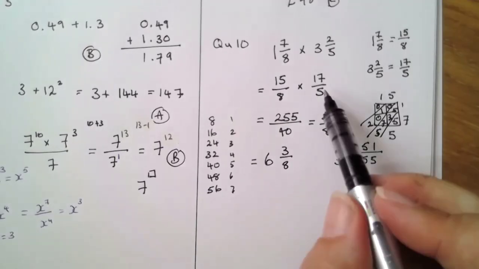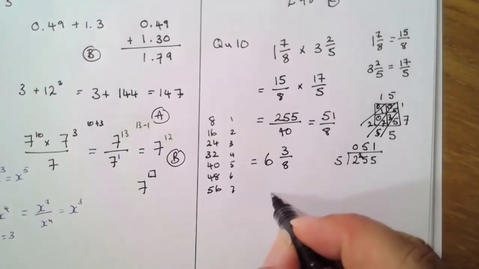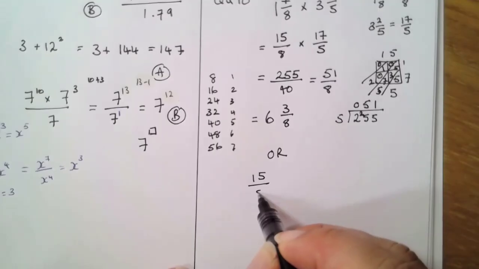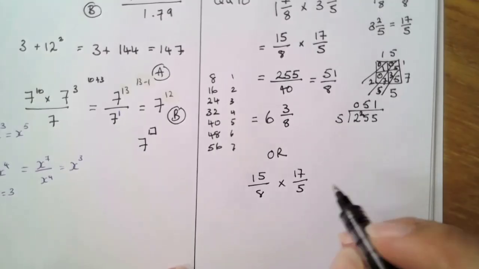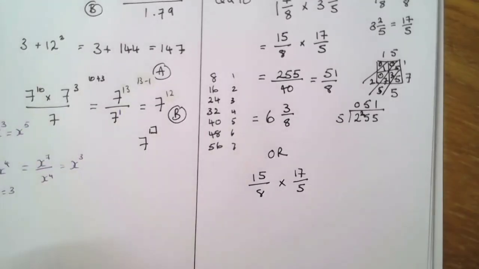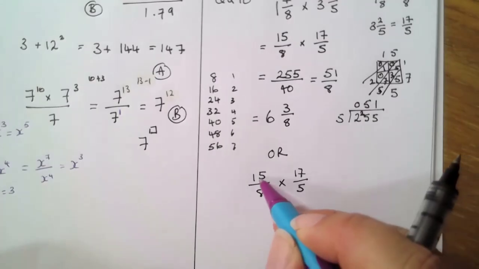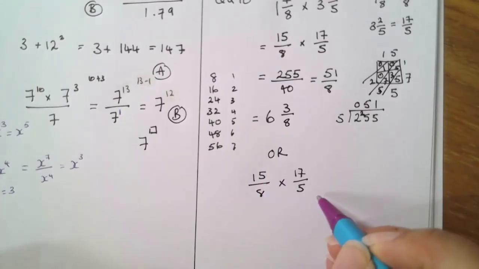Okay, I said I would show you the simpler method. So we're going to take this 15 over 8. We're going to multiply by 17 over 5. But this time, what we're going to do, we're going to simplify here. We can take the fact that there is a factor of 5 here and here.